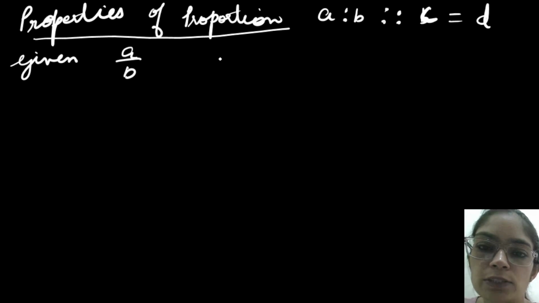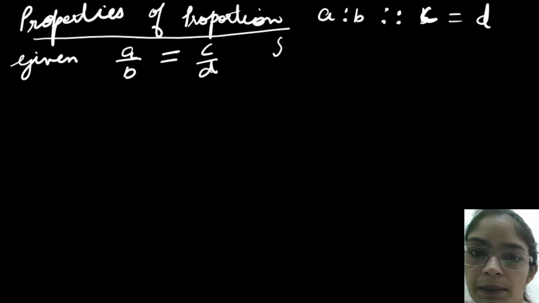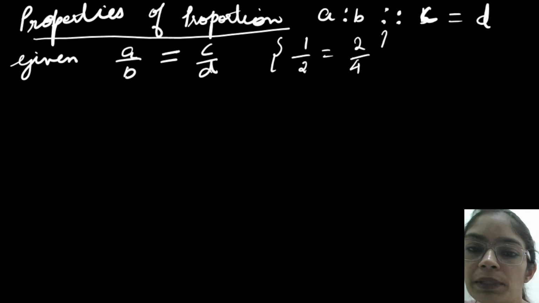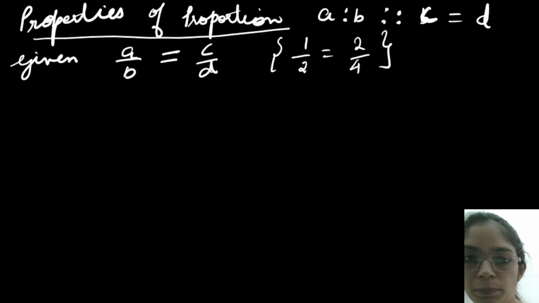Like A is to B, I can write as A by B, and this is equals to C by D. It can be any numbers. Like previously I gave one example, the same thing I can take, 1 by 2 is equals to 2 by 4. If something like this is given to us, then only we can apply properties of proportion.